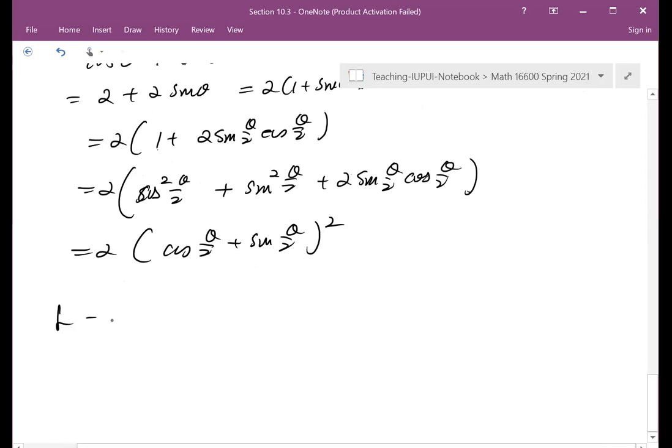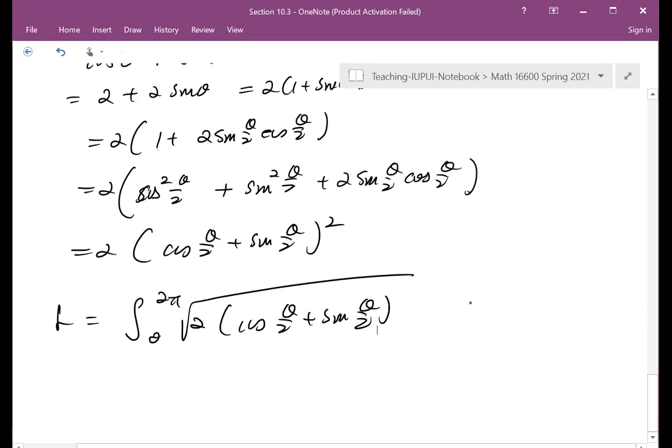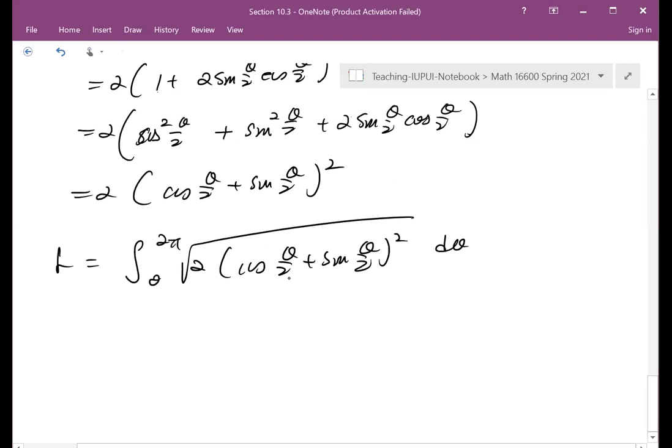Now, the length is going to be the integral from 0 to 2 pi of twice of this. Okay, now be careful. We don't know whether the sum is positive or negative. So first, it's going to be the absolute value.